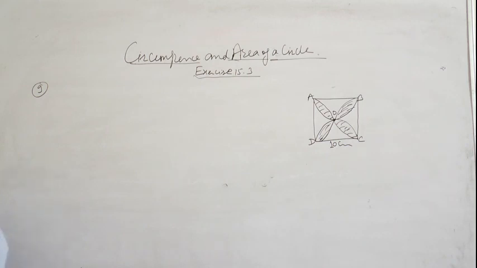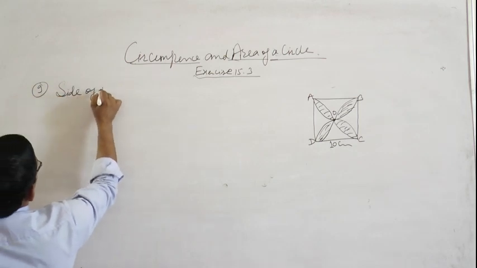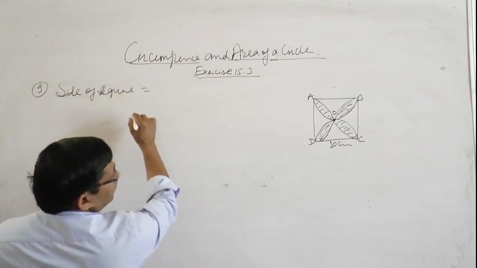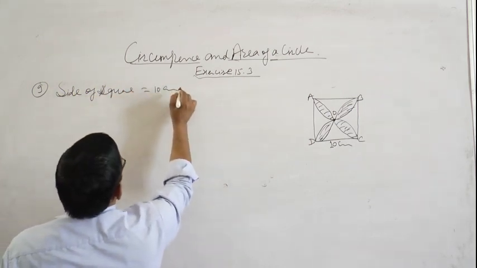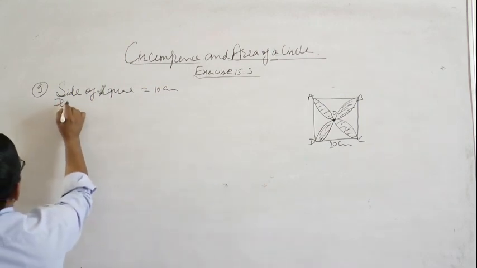So we want to find out area of shaded design. Side of square is 10 centimeter, that is diameter of semicircle.